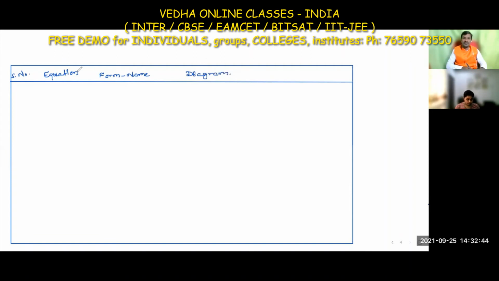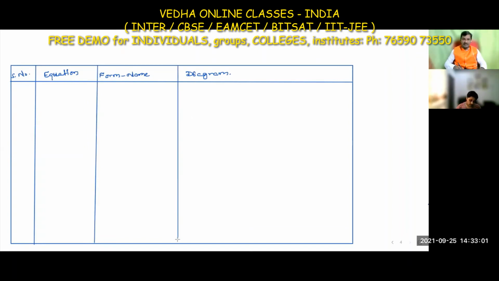So I am taking the various equations as well as form names and the diagrams also. Here, first one is y is equal to mx. This is called slope form.